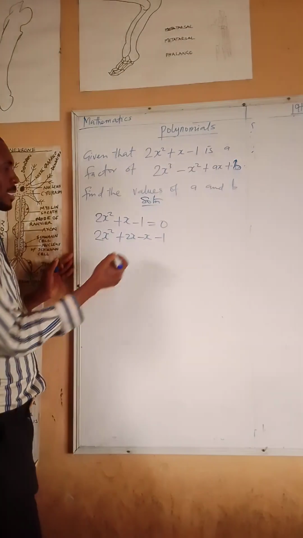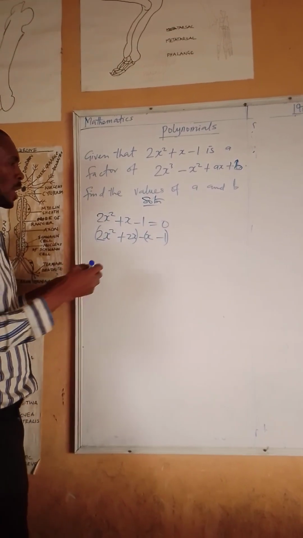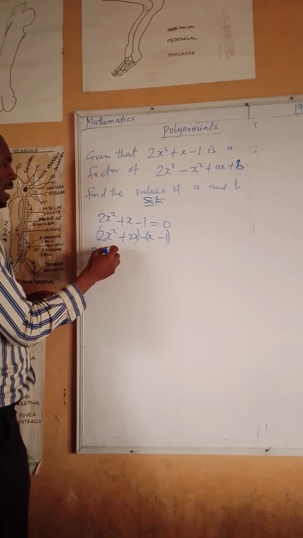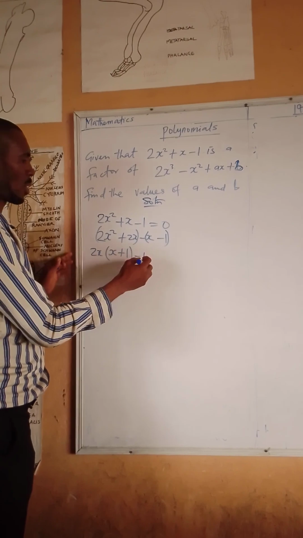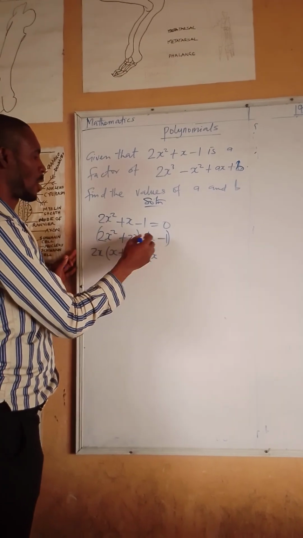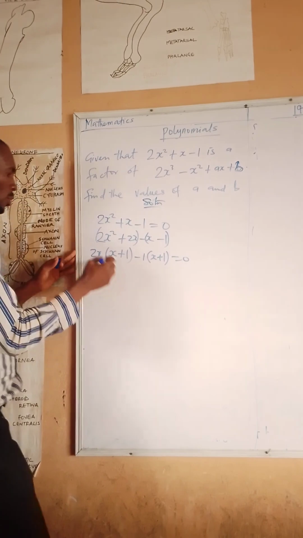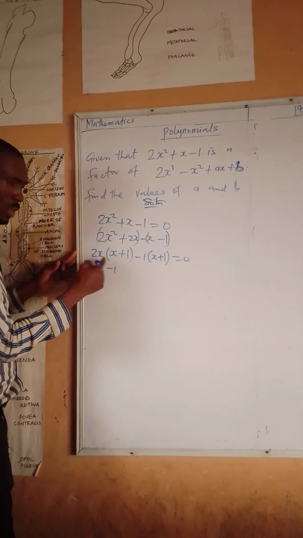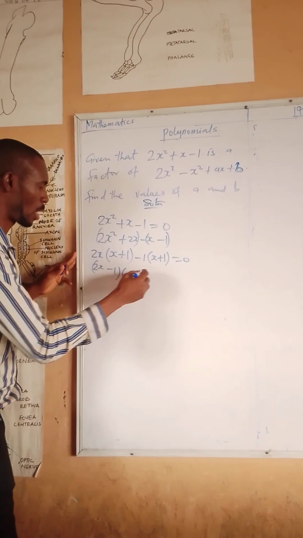When we factorize, what is common here is 2s. What we are left with is s plus 1. Now what is common here? Minus 1 into s plus 1 equals 0. So what we have now is 2s minus 1, into s plus 1.